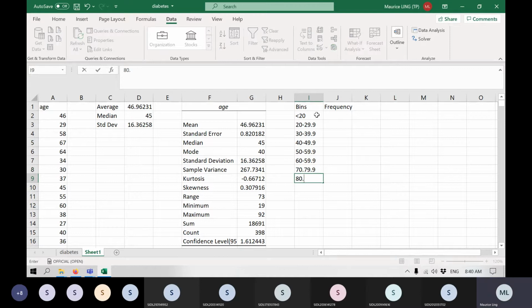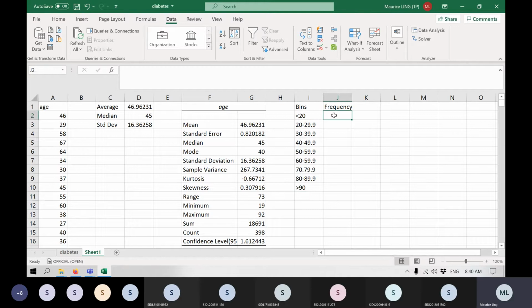Then the last one is more than 90. When you do a histogram, make sure that the bins do not overlap.